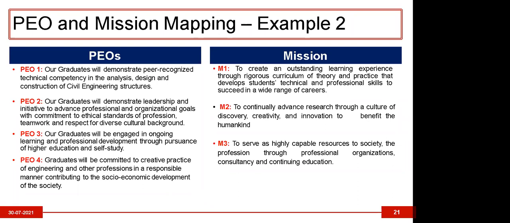So here, the same we are trying to express in M1: outstanding learning experience with curriculum, theory, practice, technical, professional skills, which you are talking about here. So they are going to maintain certain technical standards to succeed in a wide range of careers. And that is moderately met.